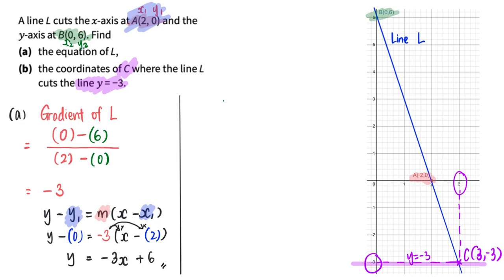But if we do not have the diagram, how do we do that? Well, we have this equation, isn't it?